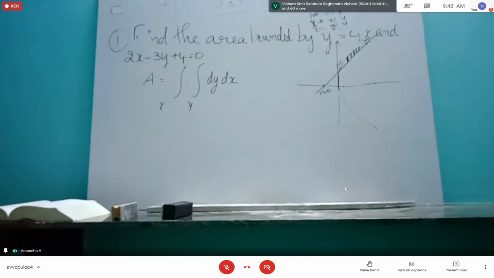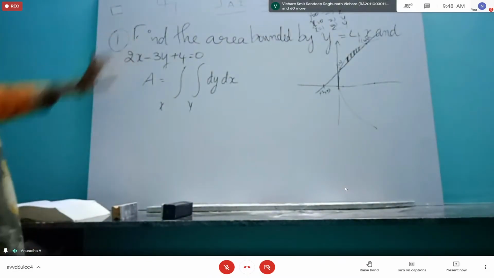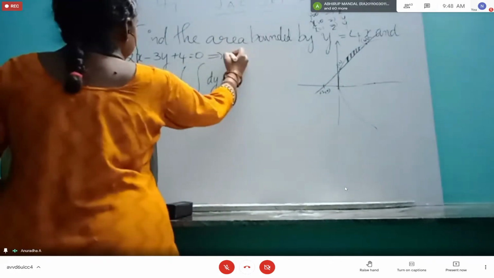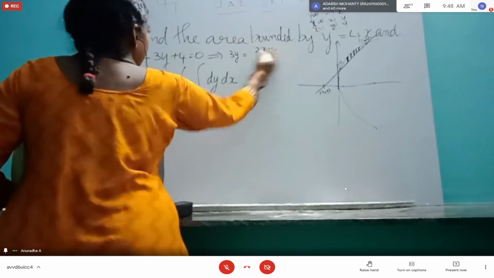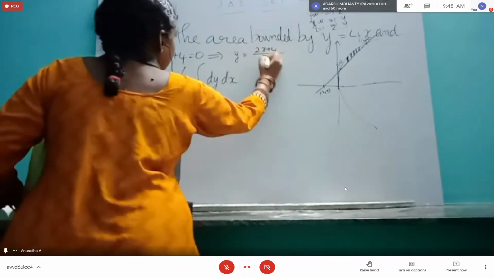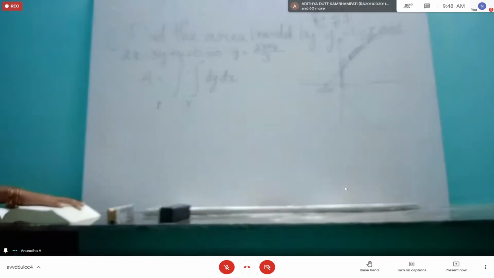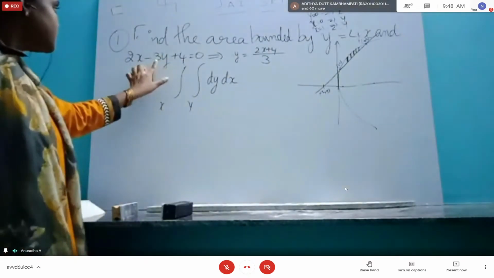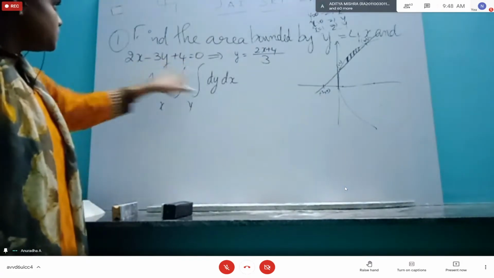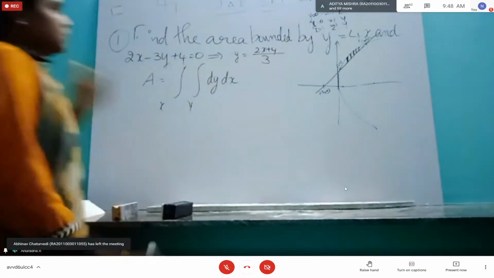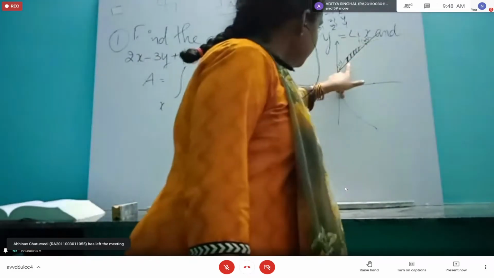From this equation, please observe the y value. 3y equals 2x plus 4. I have taken 3 to the other side, so y is (2x plus 4) by 3. That is this straight line equation, and that is the lower limit.